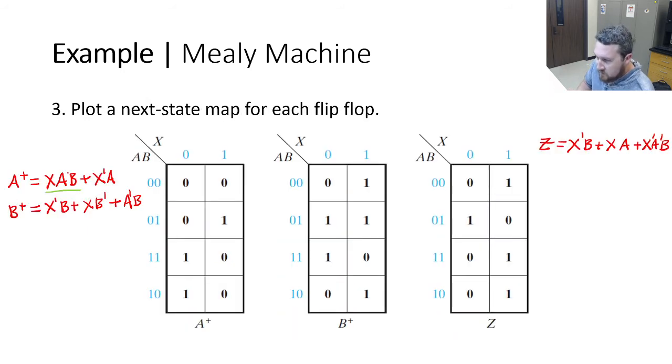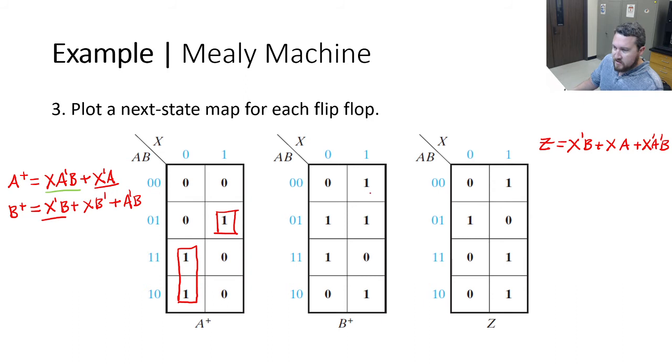It's always good to get the answers there. So that's XA prime. So that's X is 1, A is 0, B is 1. So that's this term here. And then finally, X prime A is X is 0, A is 1. There we go, just like that.